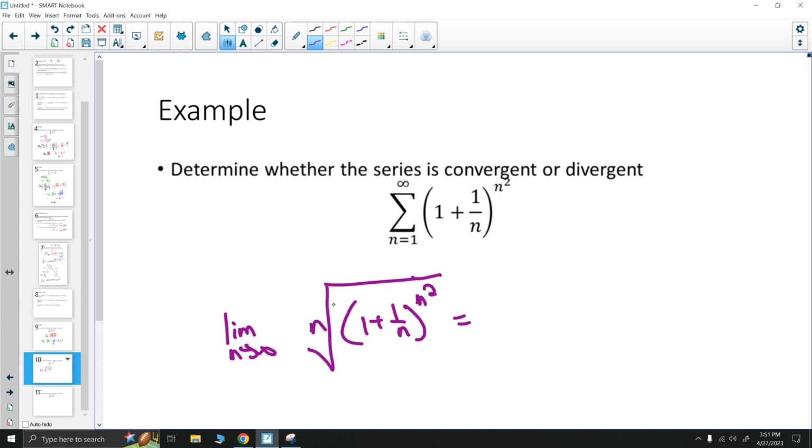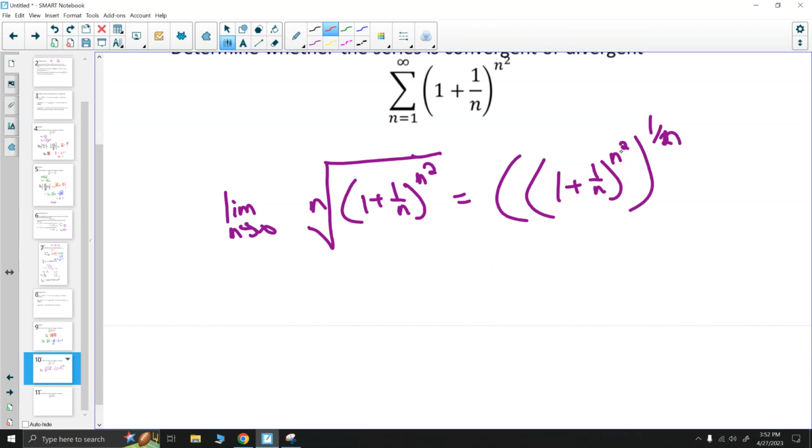Well, we have to think about what is the nth root. That's like saying 1 plus 1 over n to the n squared, all being taken to the 1 over n. So if we have an exponent to an exponent, that means we multiply those exponents. So we get n squared over n, which is just going to be an n. So we end up with 1 plus 1 over n to the n.